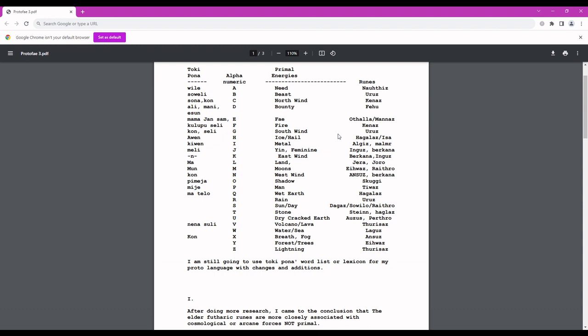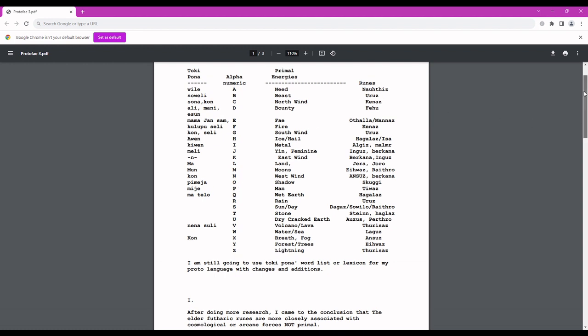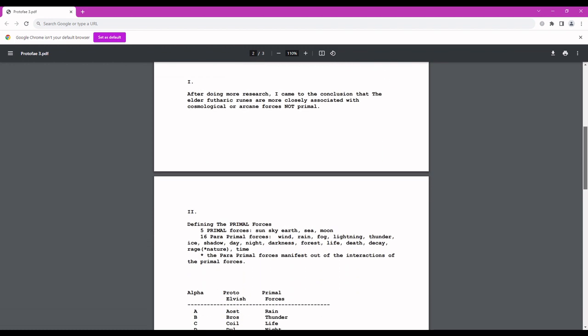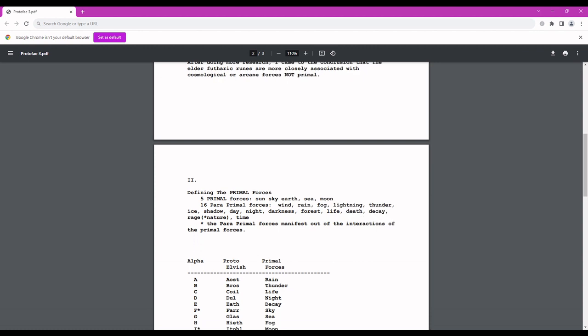Okay, so the first thing I did was I decided that I am going to still use the Toki Pona word list as my lexicon for creating my proto-languages. But I really wanted the Fae languages to be primal runes, and this path just wasn't working. So I went from there. I came up with the idea that I needed to define exactly what are primal forces.